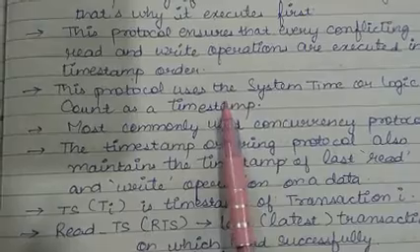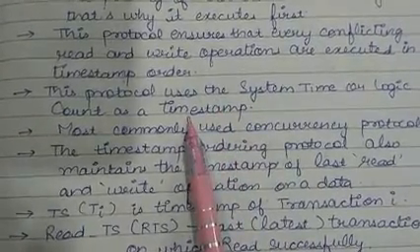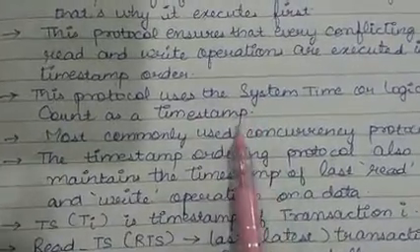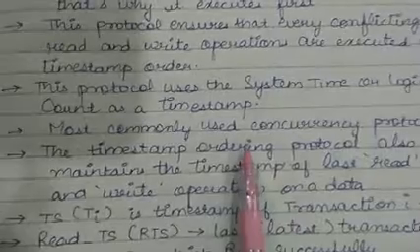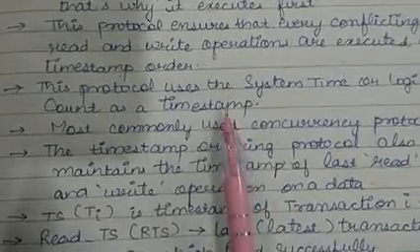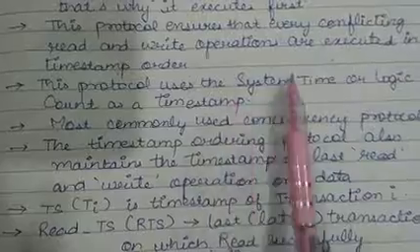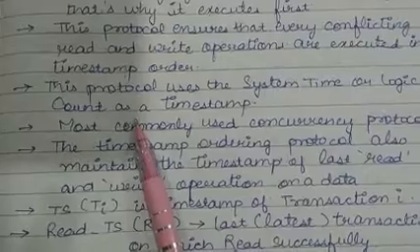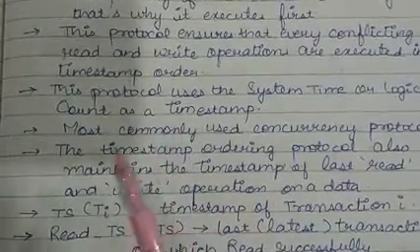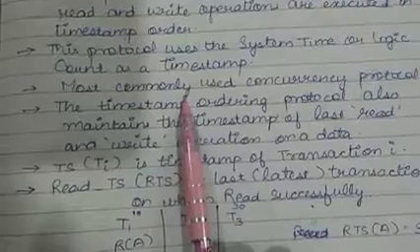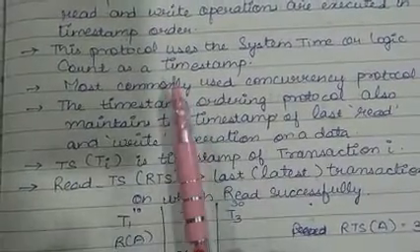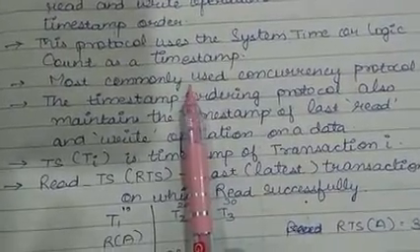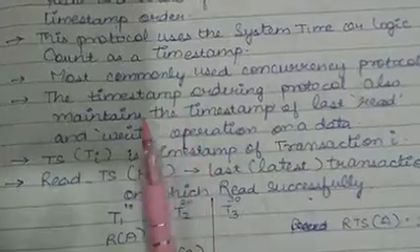This protocol uses the system time or a logical counter as a timestamp. As we are talking about timestamps, there should be a clock which tells us the time at which a transaction starts executing. This clock will either be a system time clock or a logical counter, depending on the system configuration. The timestamp based protocol is the most commonly used concurrency protocol because of its timestamp technique.